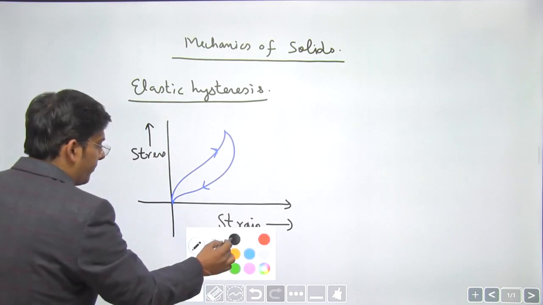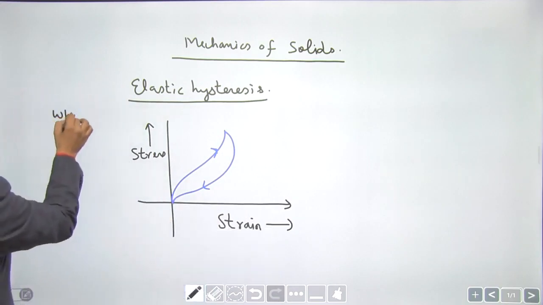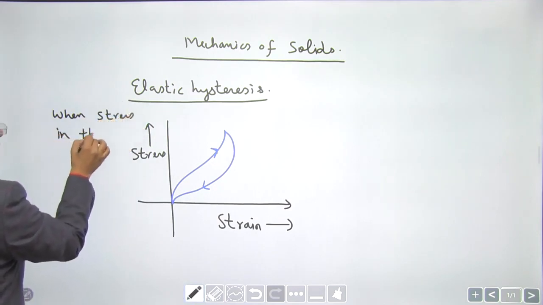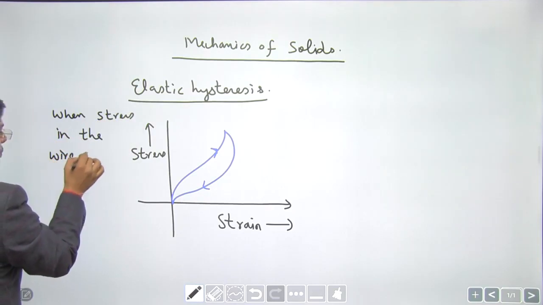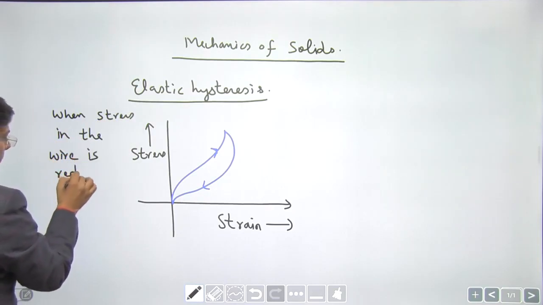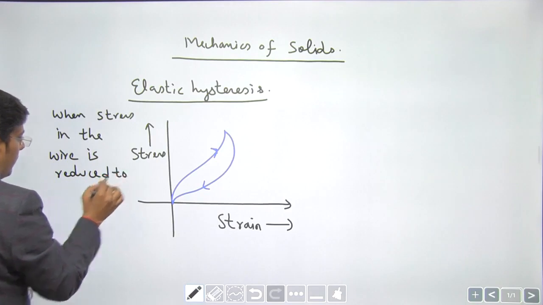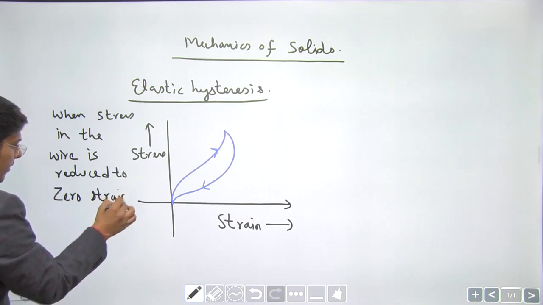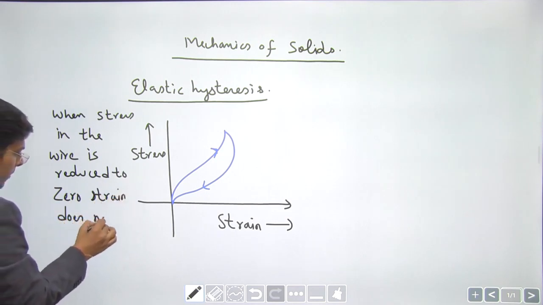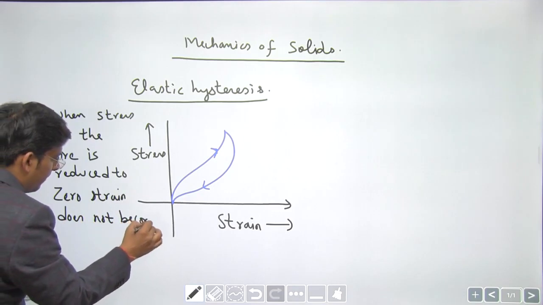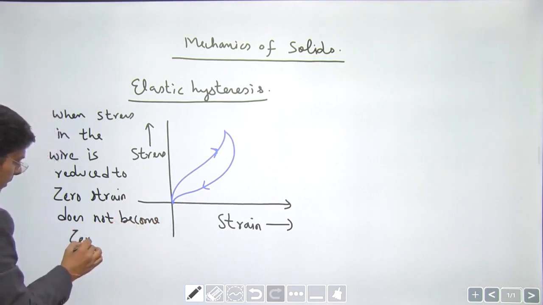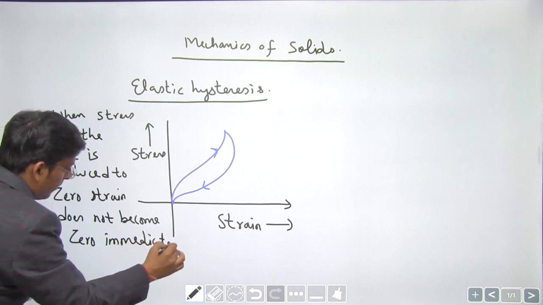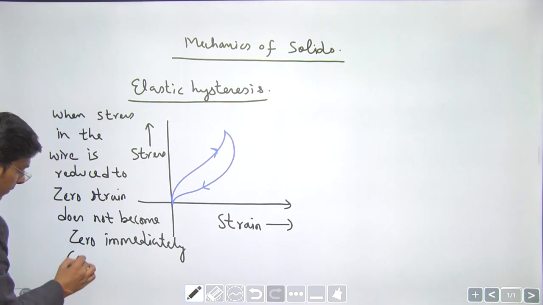So, when stress in the wire is reduced to zero, strain does not become zero immediately. This is also called elastic after effect, right?